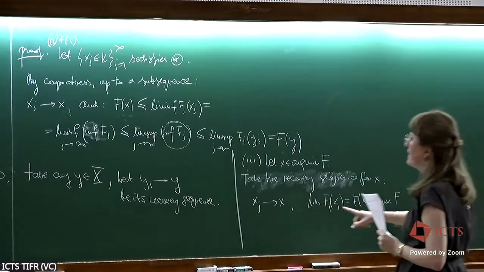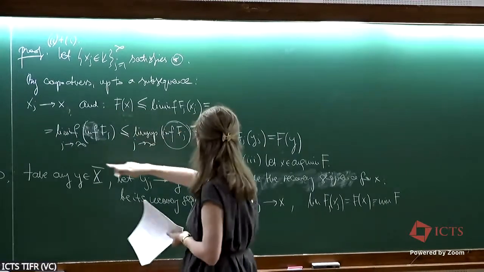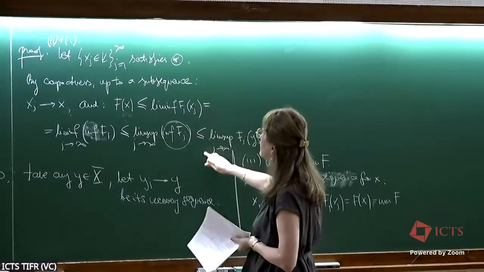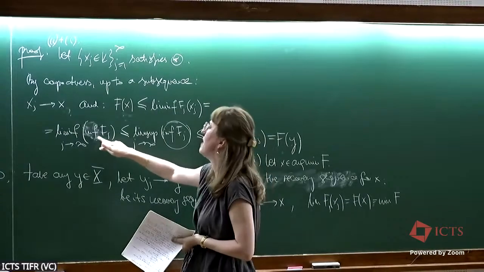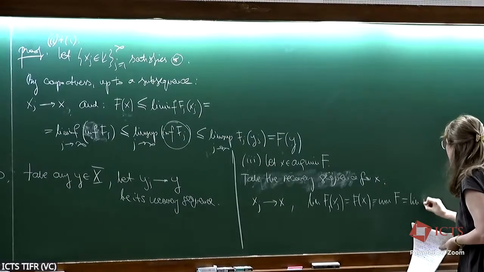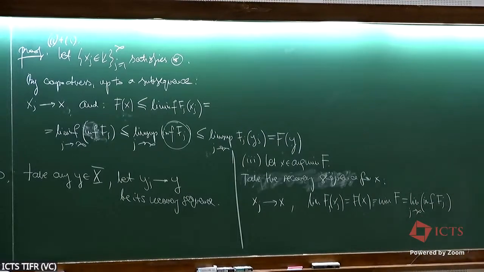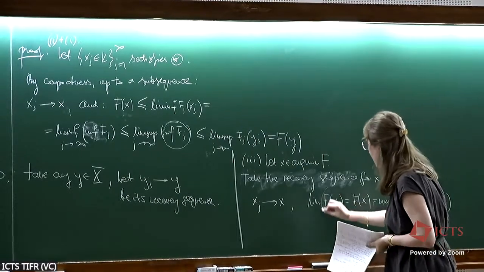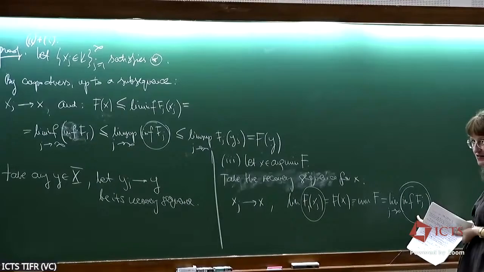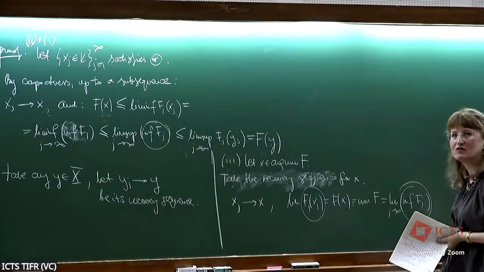Now you see, I can go exactly through this chain of inequalities, applied to y equal to x, and I see that f of x equals the limit of the infima of Fj. So my point is that this minimum of f, in fact, is the limit of the infima of Fj. So automatically, the recovery sequence has the property that Fj of xj differs from the infimum of Fj by a quantity which disappears in the limit. The limit of this and the limit of this is the same.